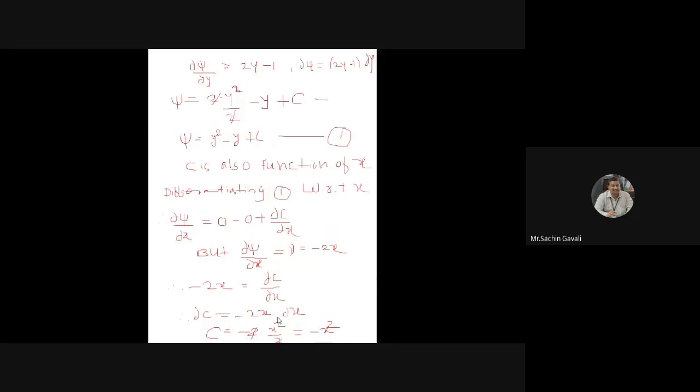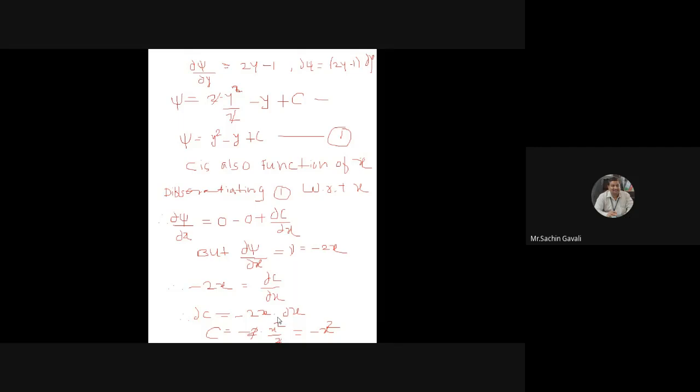Now u is 1 minus 2y, so dou psi by dou y is equal to 2y minus 1. Psi is a function of x and y, so psi is equal to 2 into y square by 2 minus y plus c, that is psi is equal to y square minus y plus c.